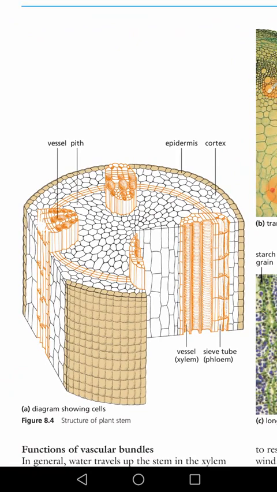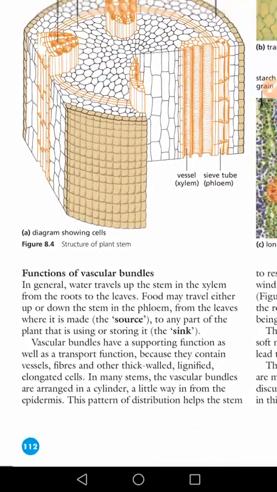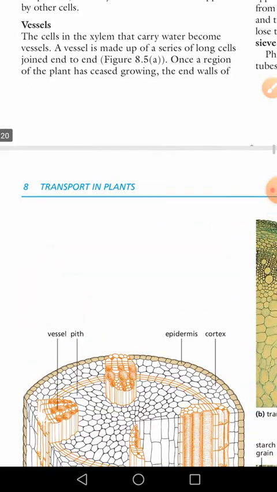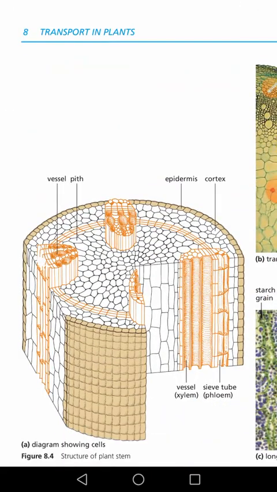Now we have learned about the structure of the leaf, and then the structure of the stem. Now let's go to the structure of roots.